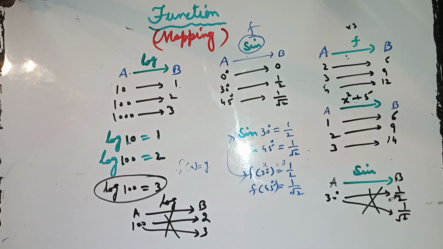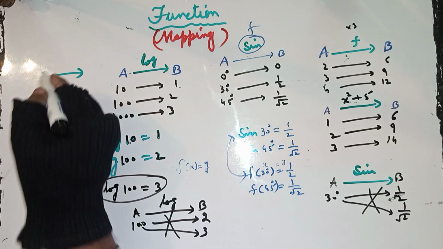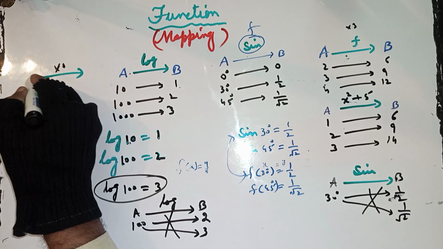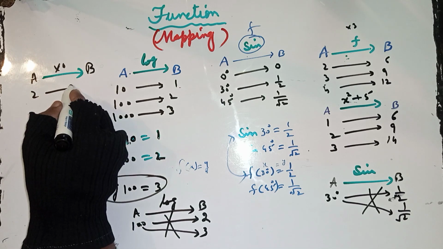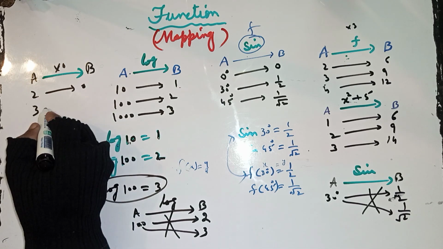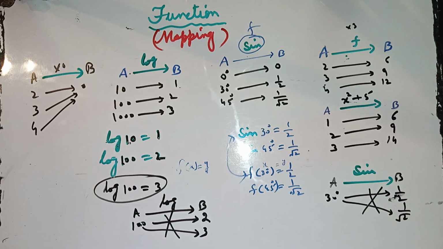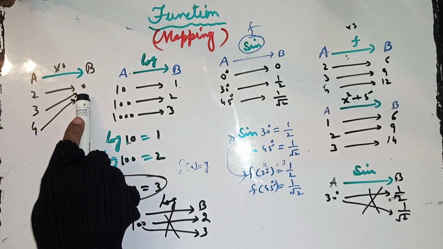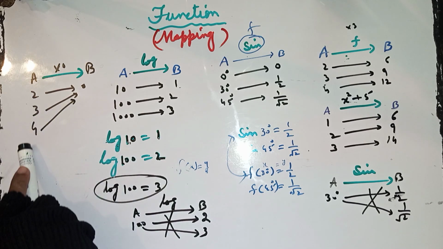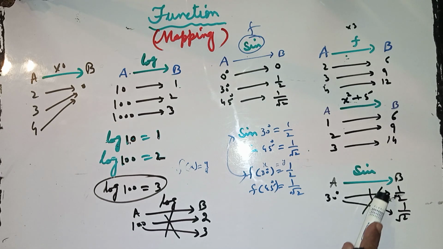But if you see, I have an operation of multiplication of 0. Here A, here B. If I multiply 2 with 0, I get 0. If I multiply 3 with 0, I get 0. If I multiply 4 with 0, I get 0. Ranges can have more than one domain, but one domain can't have more than one range.